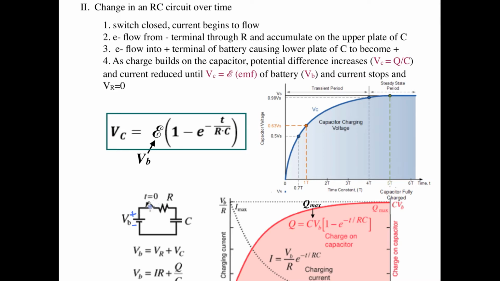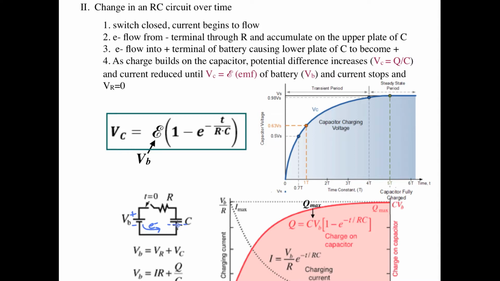Well, when we close this, current is going to want to flow, and electrons will flow this way in the picture, trying to complete the circuit, and build up on this plate of the capacitor.